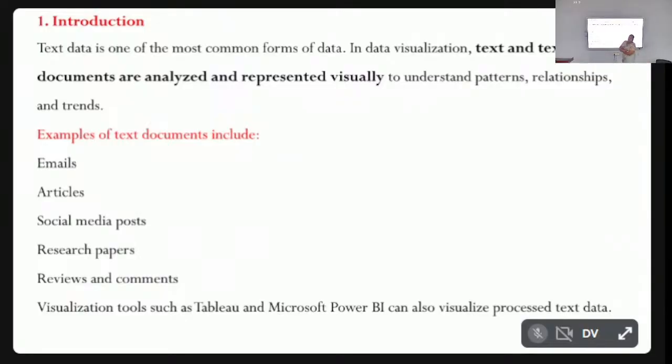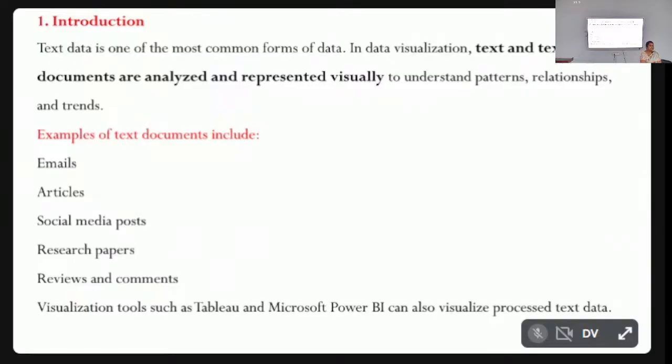Example, write down some articles, PDF, or some social post. Post, what is that? Text data. Okay? Social post. So we are using different visualization tools.